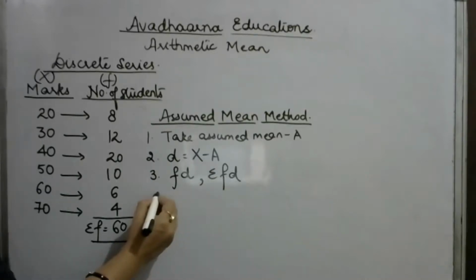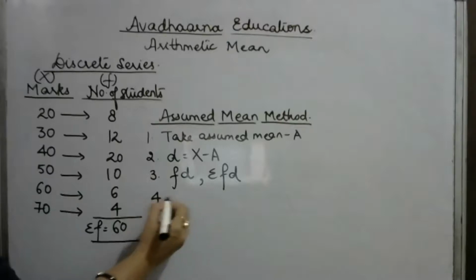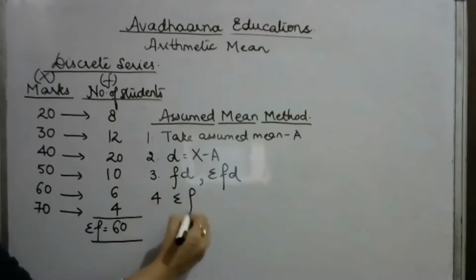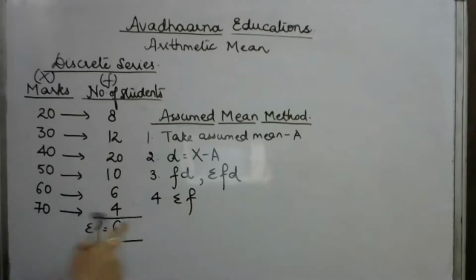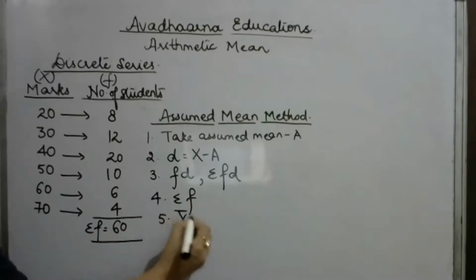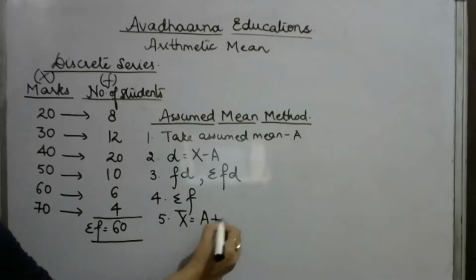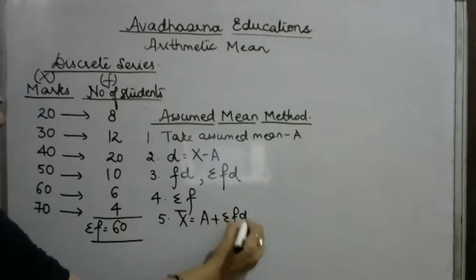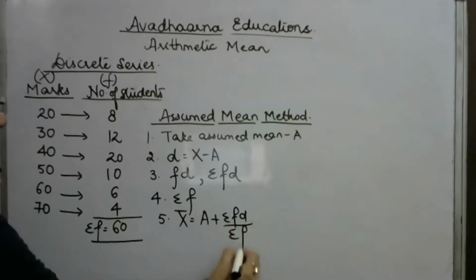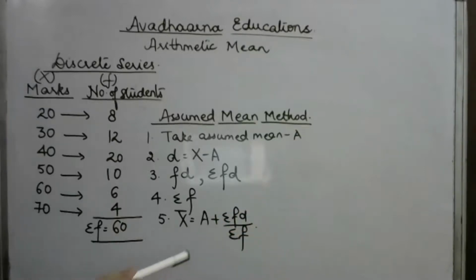Then fourth step is to calculate summation F, which we have already done. And then finally, we'll apply the formula to calculate the arithmetic mean. Mean is given by A plus summation FD over summation F. By applying this formula, we'll be able to calculate the arithmetic mean.